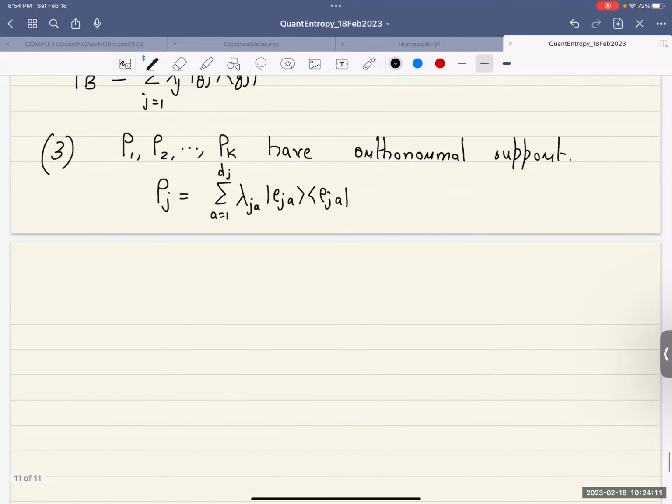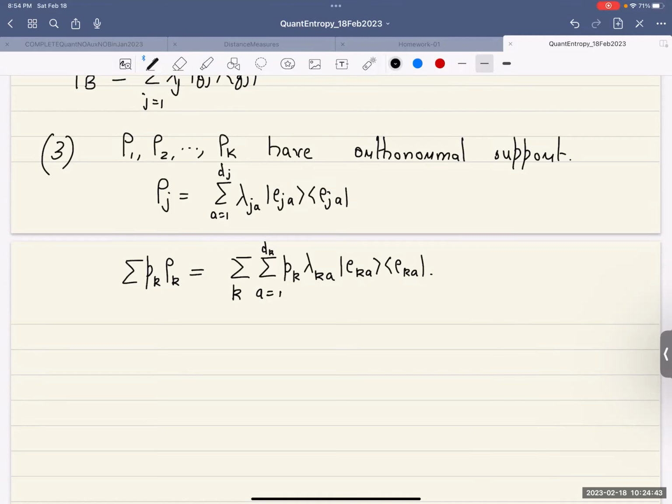Okay, so I claim summation p_k rho_k is sum over k, and a equal to 1 to d_k, of p_k lambda_ka e_ka e_ka. Okay, so these are all orthonormal. All the e_k's are orthonormal because they have orthonormal support. Is that okay?